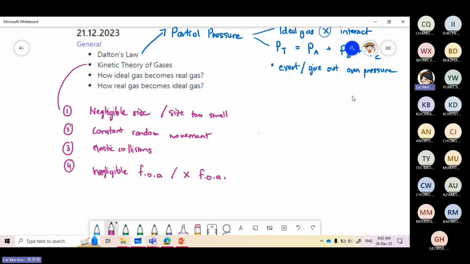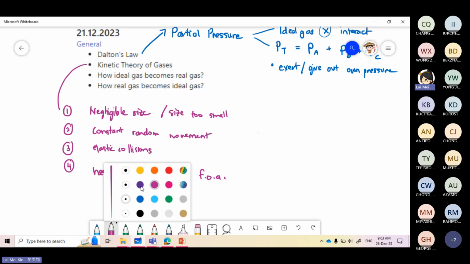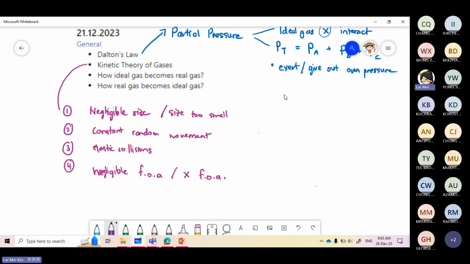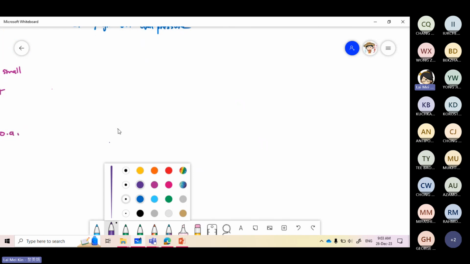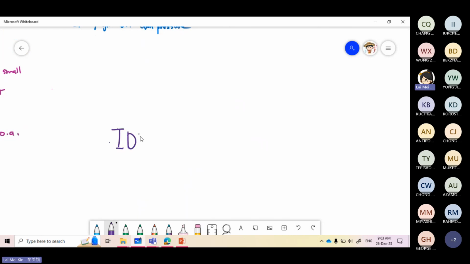So this is what we meant by ideal gases, perfect gases in theory. By theory, how do they behave? These are the 4 points. And then next, how does an ideal gas become a real gas? We have two things. One, we call it ideal gas. Ideal gases mean the gases in theory, 100% perfect gases. And then we have something called real gases.